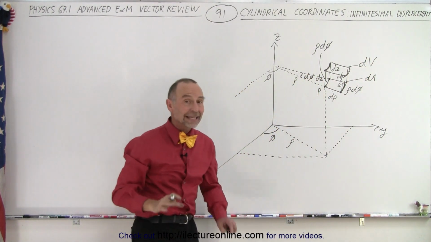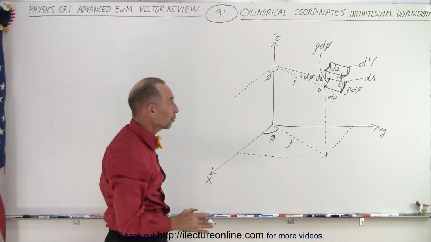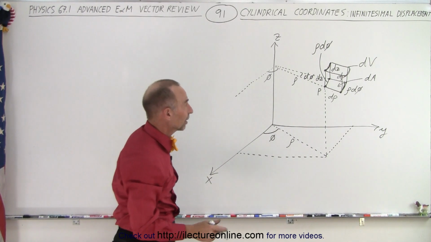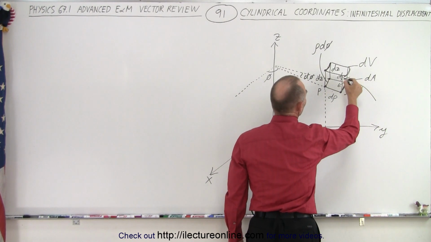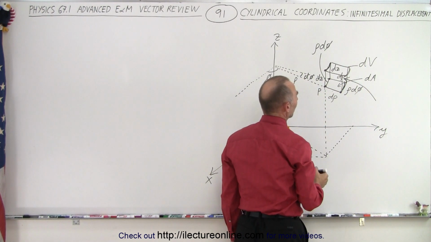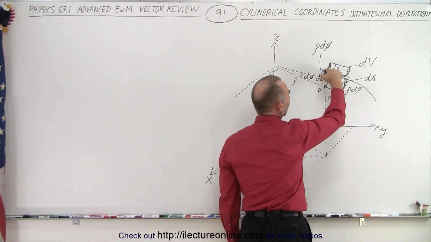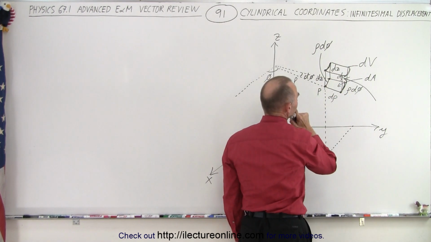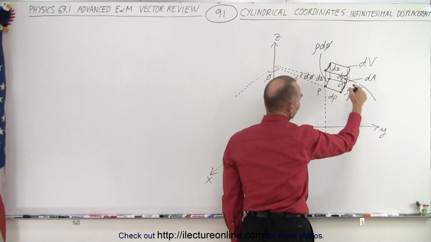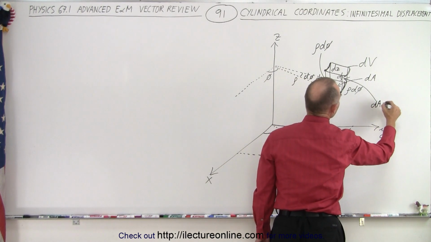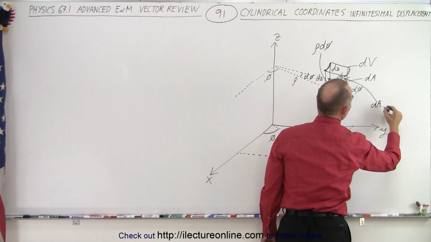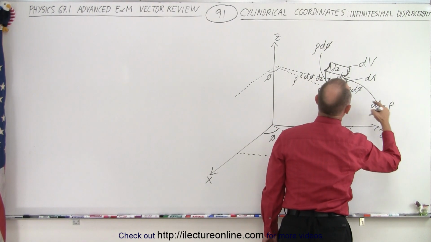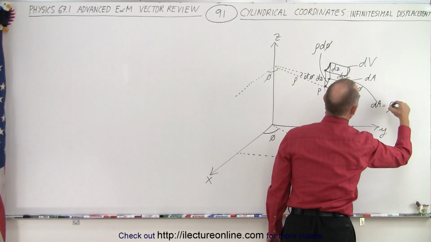So let's define the area element and the volume element. Well, we can have 2 different kinds of area elements. We can have the one that's parallel here, or we can have the one that is on the side like this. Let's first define this area right here. That is one dA, and we can define that as the width times the height. So it is equal to rho d phi times the height, which is dz.